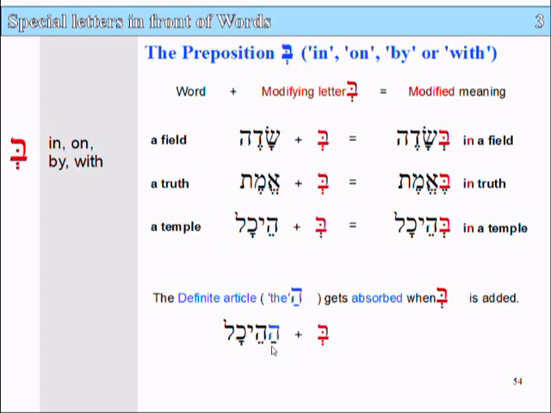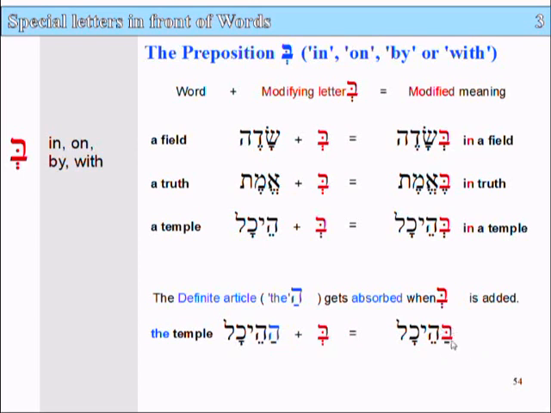If we have the word ha-heychal, that actually means the temple. The temple. Ha-heychal. And if we want to say in the temple, we put the bet in front of it. And we get baheychal. Baheychal. But the hay has been absorbed, if you like.